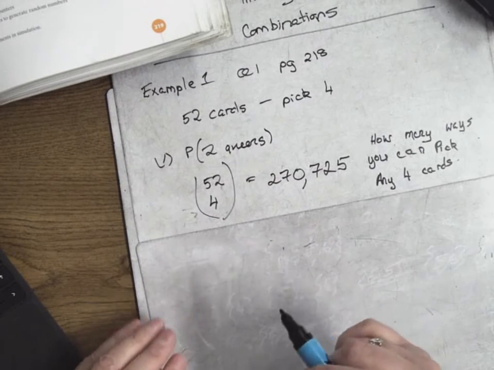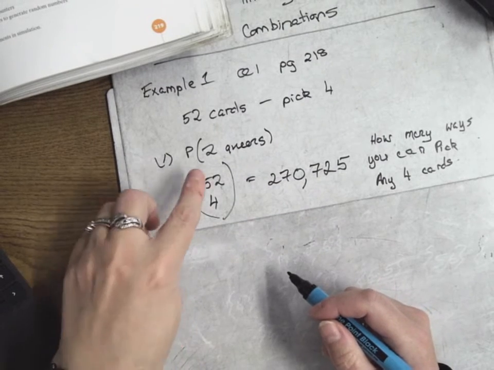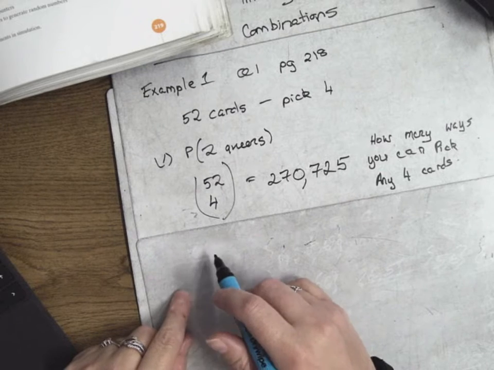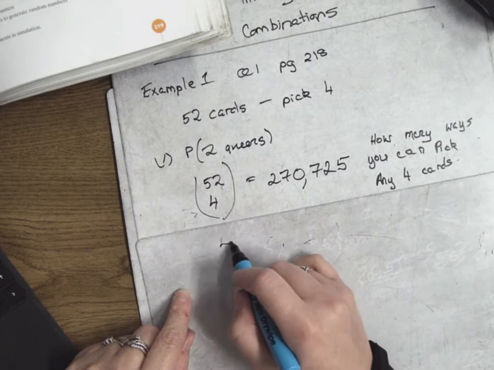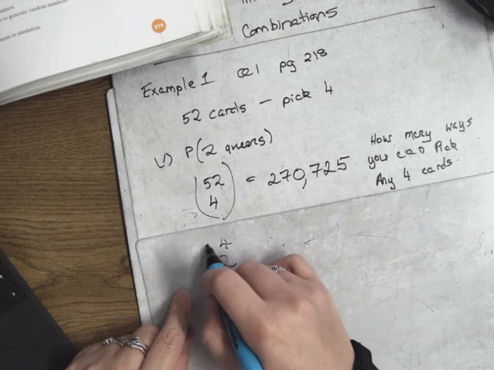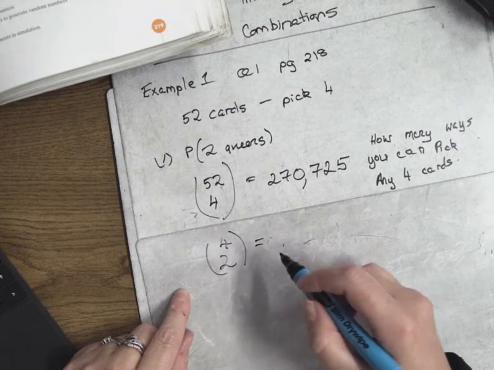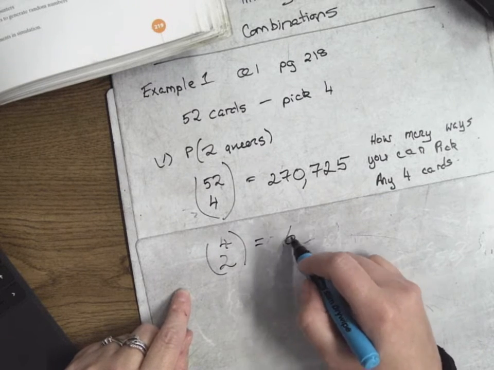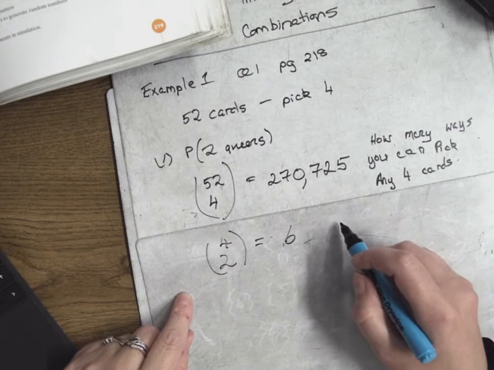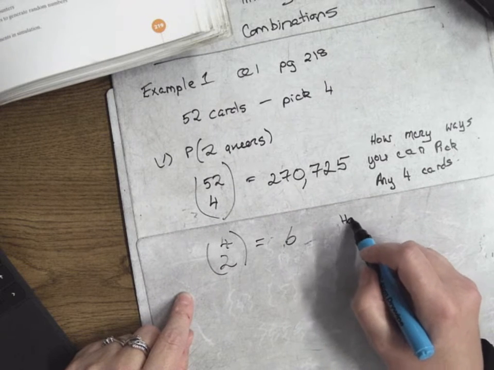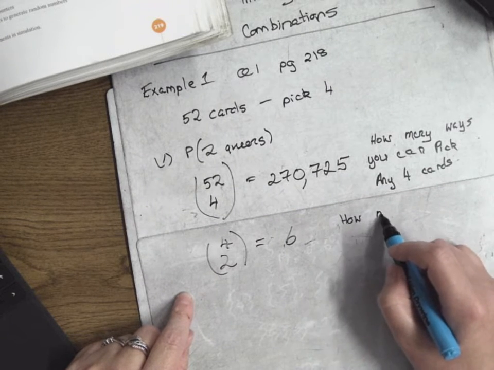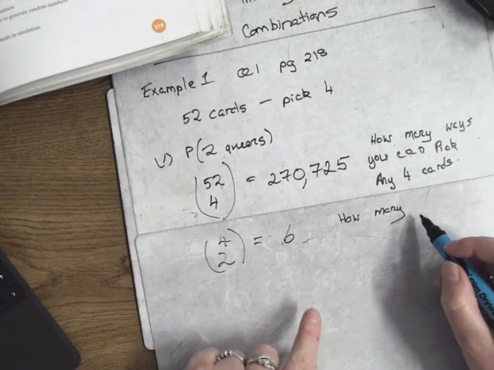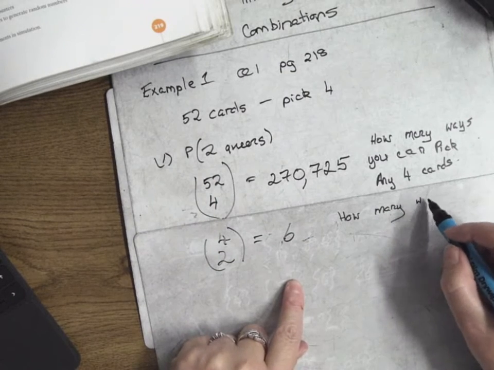Now you work out how many ways you can pick 2 queens. How many queens are there in a deck? There's 4, and you want to pick any 2. So 4 choose 2 is 6. So this is how many ways you can pick 2 queens, because you're picking 2 queens out of 4 queens.